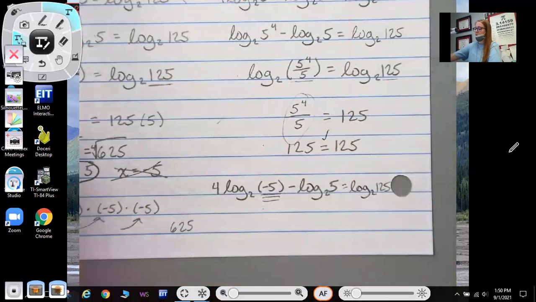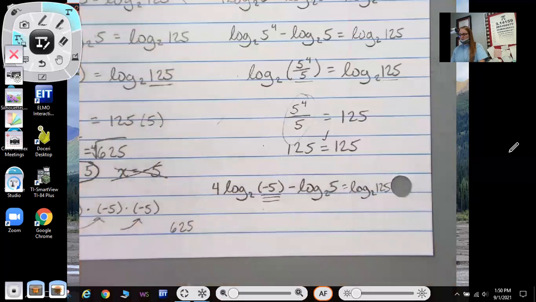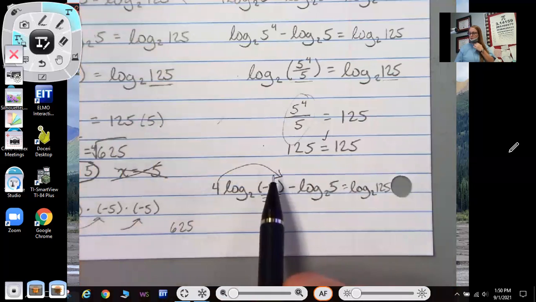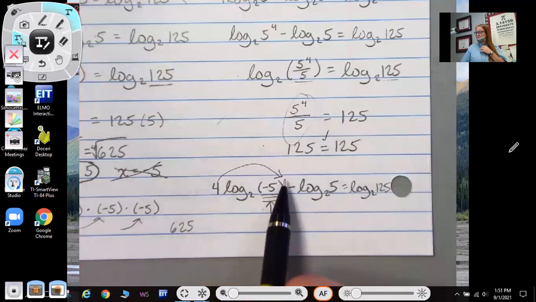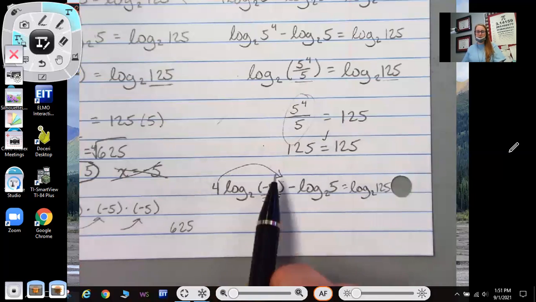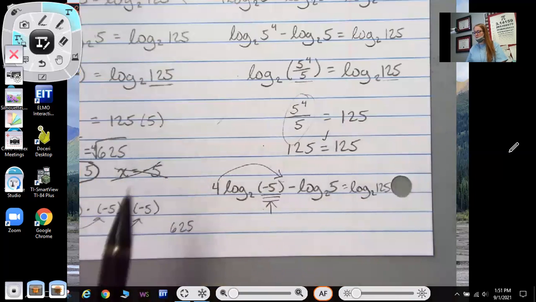Even though if we were to keep going and move this 4 so that it becomes an exponent, that's going to change this to a positive number. But because we had to use a property to basically force this to become positive, we're not going to do that. If the 4 had started out as an exponent, then we could keep moving forward. But because we had to use a property to force this to become positive, x equals -5 does not work as a solution.